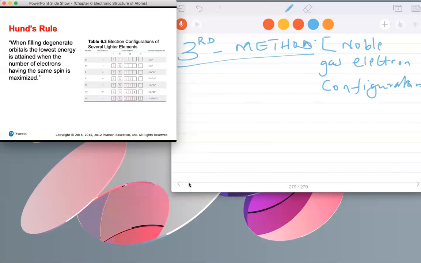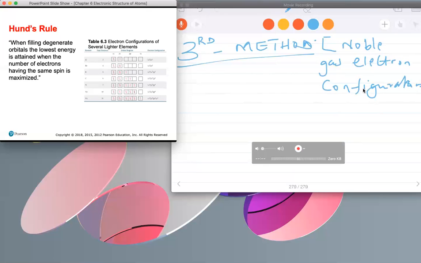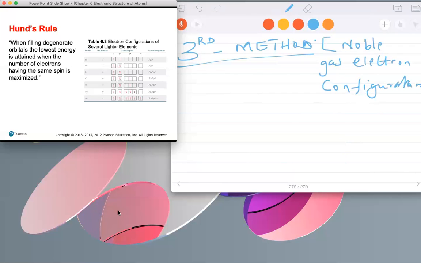Which group on the periodic table are noble gases, if I may ask? Anybody out there? Noble gas on the periodic table? Group 8A, thank you, David. Group 8 are noble gases. So when you hear noble gas electron configuration, the first thing you should think of is group 8.